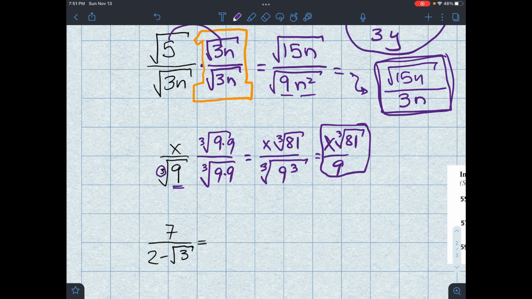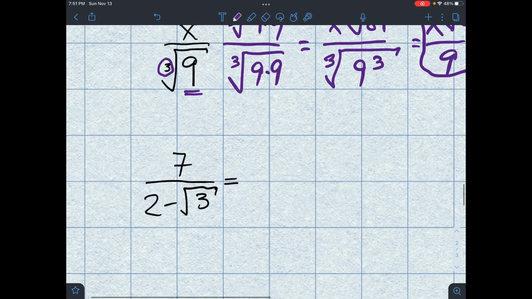And then the last problem here, this is going to be a pesky problem because we've got a minus. And I can't just multiply by radical 3. All right? So I'm going to get rid of that equal sign just for some space. I'm going to change the way it looks. Again, it's going to be a fancy version of 1.